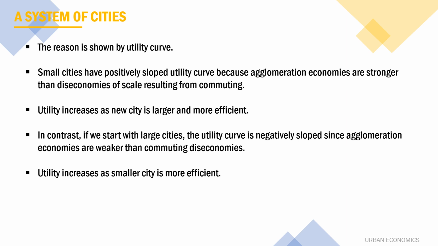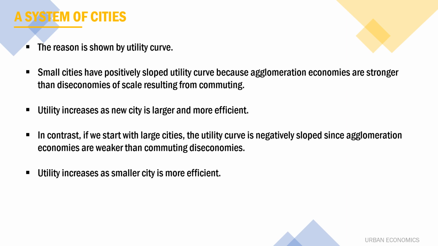The result of this is shown by the utility curve. With a small city, the utility curve is positively sloped because the agglomeration economies are stronger than the diseconomies of scale resulting from commuting. The utility of the migrant increases because their new city is larger and more efficient, and the utility of the people left behind decreases because they now live in a smaller city.